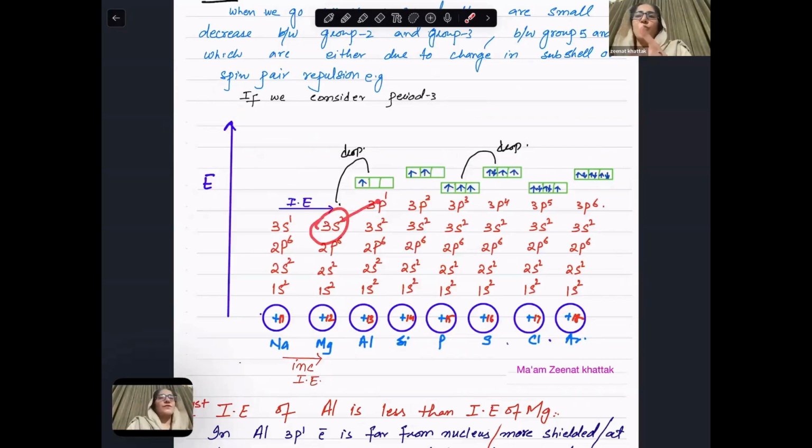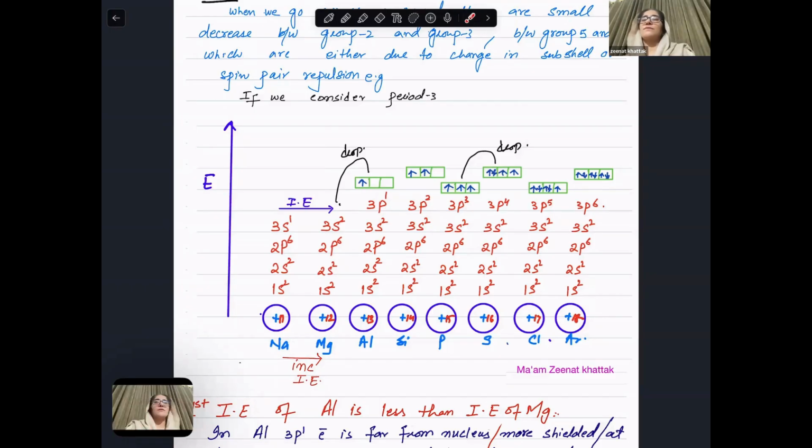In this case, there is the introduction of the p subshell, which is getting far: p1, then p2, then p3, then p4. What is the difference? Spin pair repulsion. If they're repelling, they need less energy. If 2 electrons are repelling and you are providing energy, it will take out easily. Right?